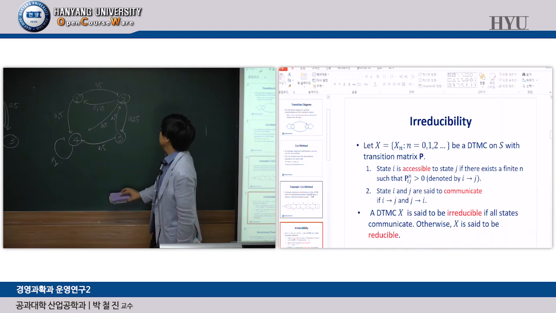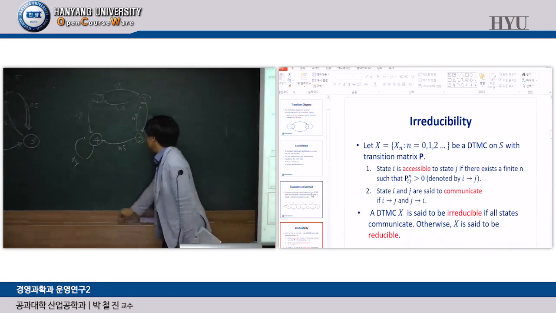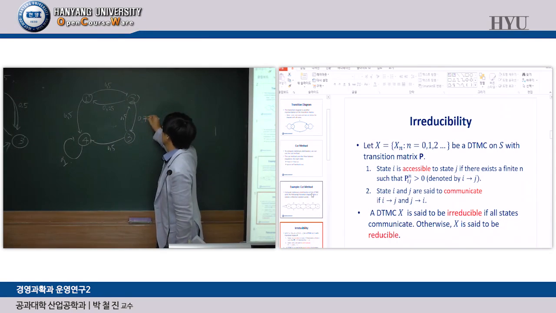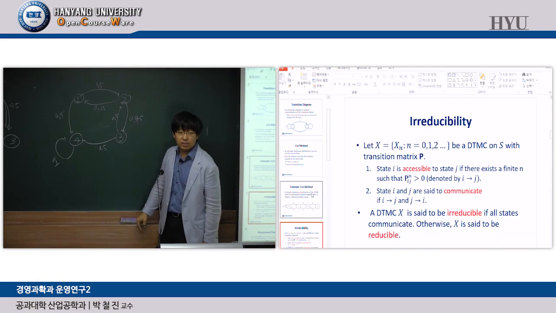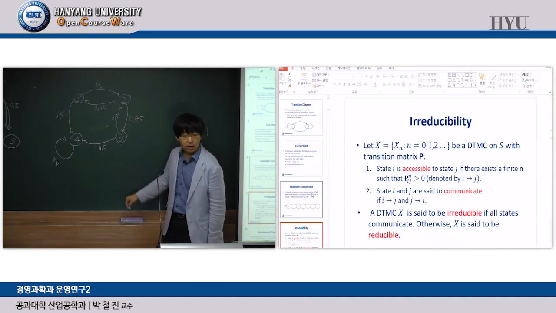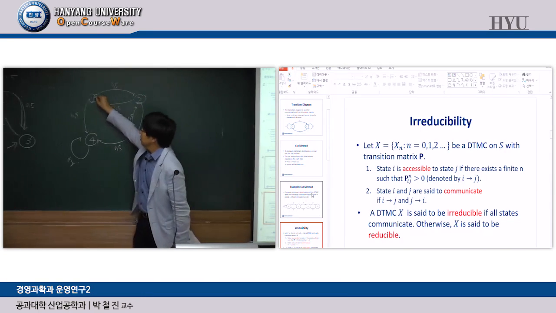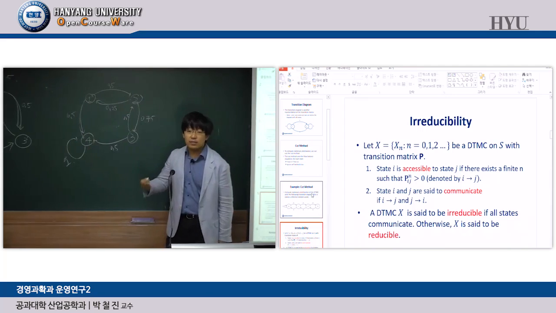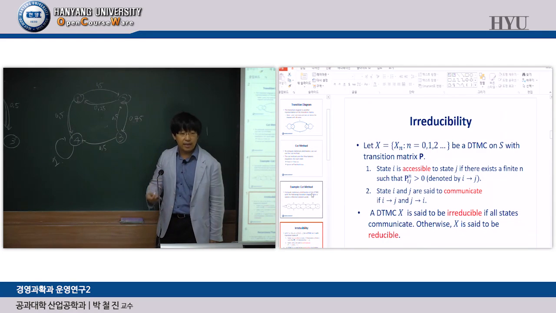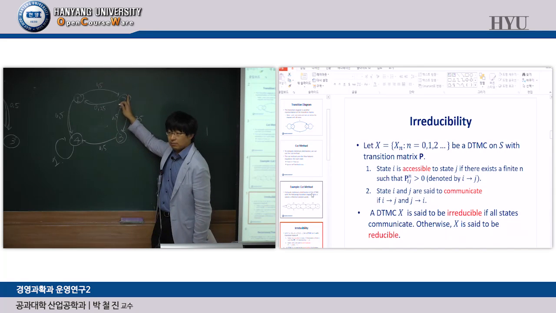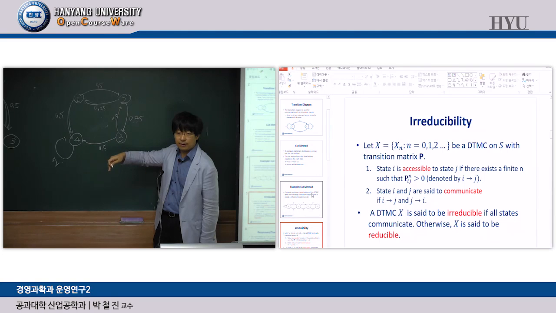How about 2 to 5, is it possible? Accessible from 2 to 4? Yes, right? With 2 steps. As long as we have a finite number of steps and a positive transition probability, then we can say that this state is accessible to another state.